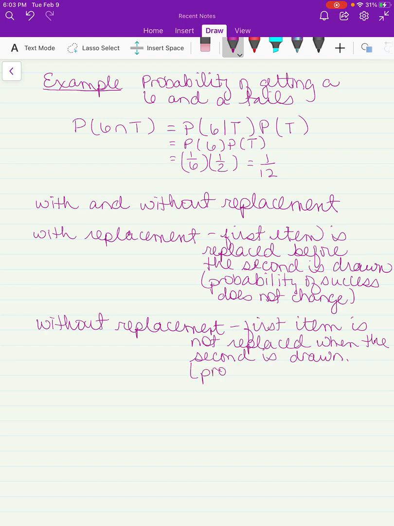And so probability of success does change.